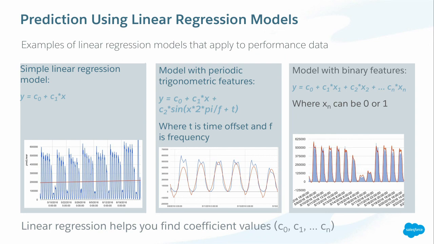So we wanted to see whether linear regression can actually be used to make a more sophisticated prediction and try to match the shape of the input data. Since data show periodic patterns during the day and during the week, we tried to see whether we can apply trigonometric features based on time and make a prediction based on that.